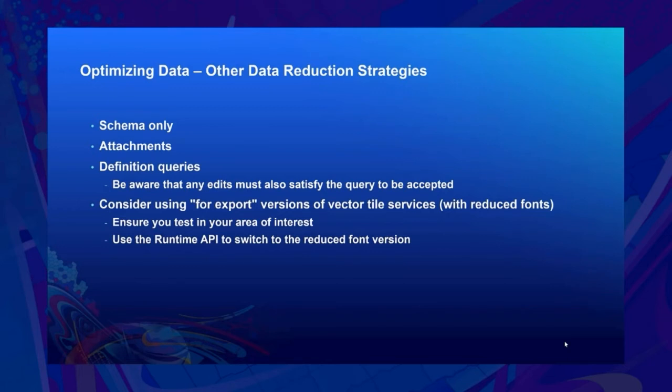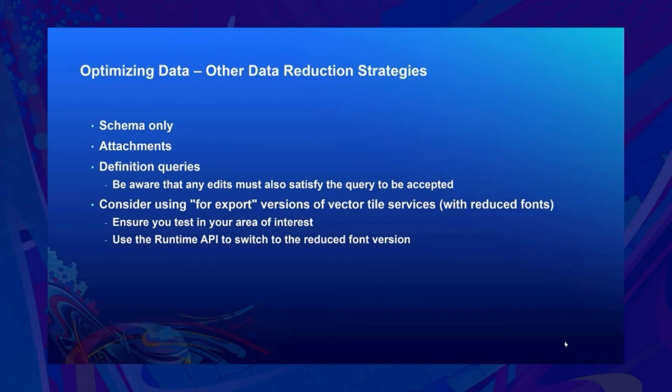Likewise, you can apply a definition query to reduce the information that gets downloaded. So for example, if you're only interested in working with features that have an attribute in progress, or to tell you that the work needs to be carried out, you can apply a definition query to the service before you download the data. And that's going to greatly cut out any features that aren't relevant to be downloaded.